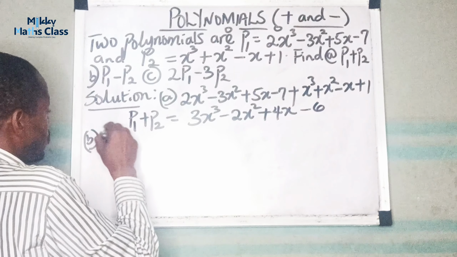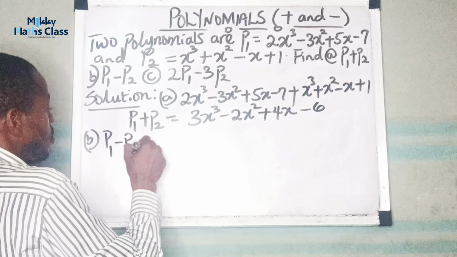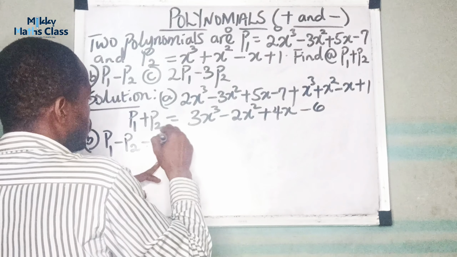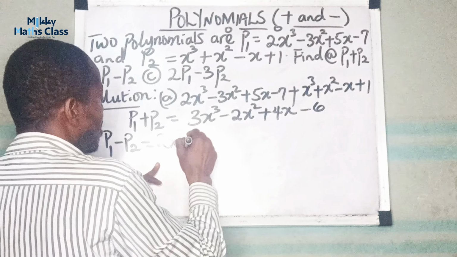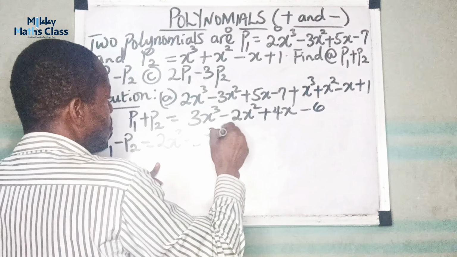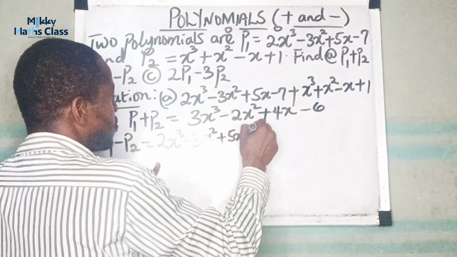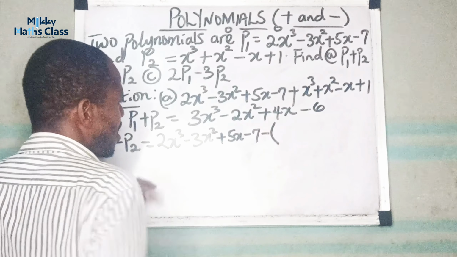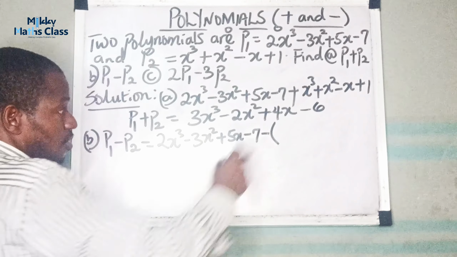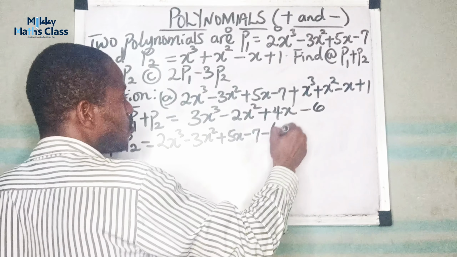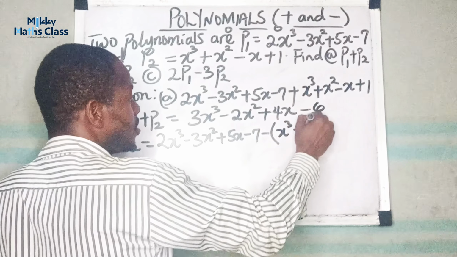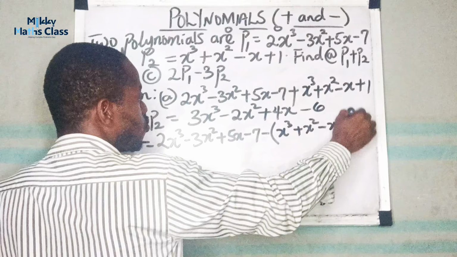So P1 minus P2 is 2x raised to the power of 3 minus 3x squared plus 5x minus 7 minus, open your brackets, put the value of P2: x raised to the power of 3 plus x squared minus x plus 1.